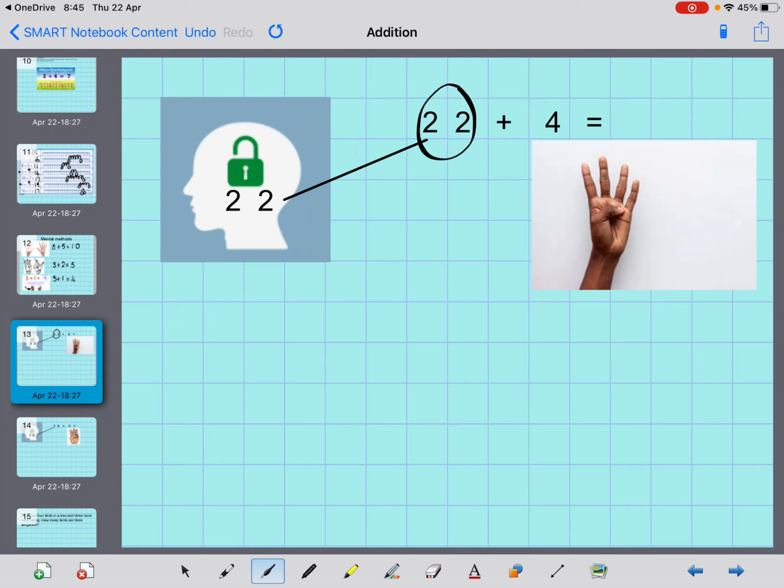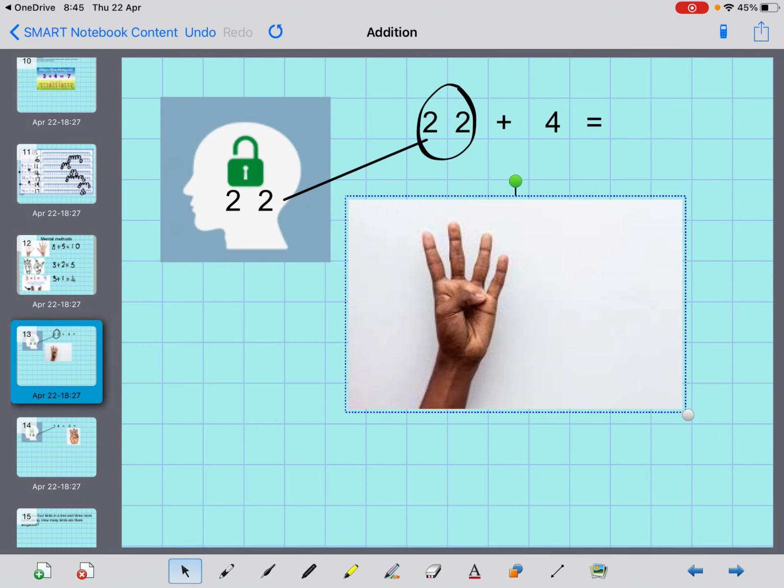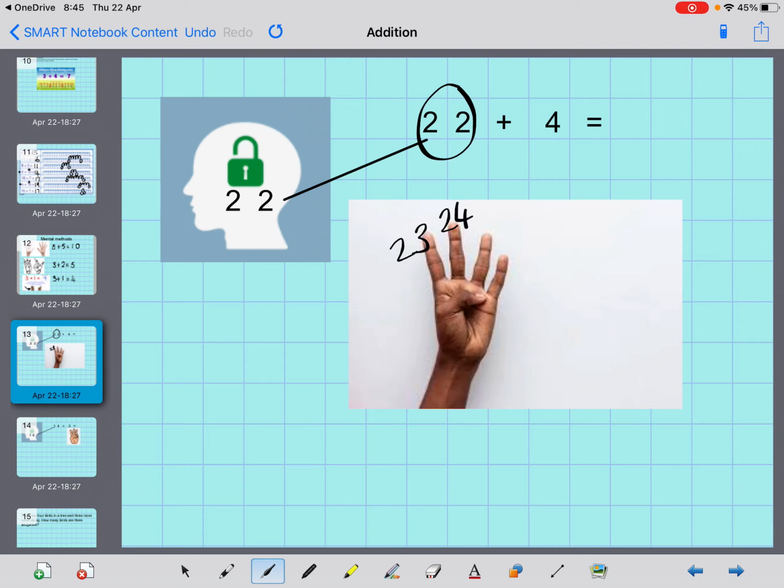So 22 in my head, pinch your finger, 23, 24, 25, 26. I'll show you on my fingers here. 22 locked in my head, 23, 24, 25, 26. So I can use my brain and my hands to count on.